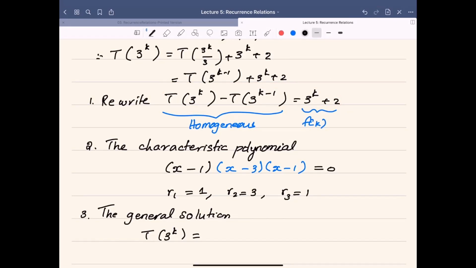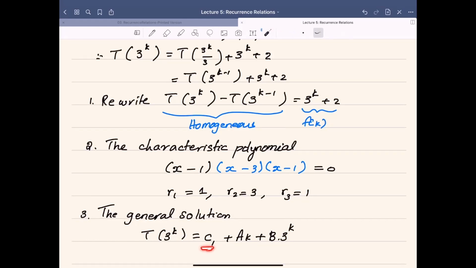So this is going to be equal to, the first, for the homogeneous, we will have c1 multiplied by 1 raised to power n plus, now for x minus 1, it is already repeated. So since it is repeated, then we will assume that it is combined with x minus 1. So what we will have? We will have a k plus b multiplied by 3 raised to power k.